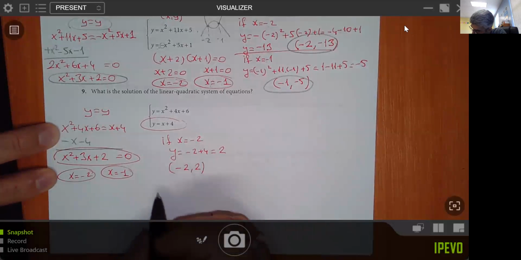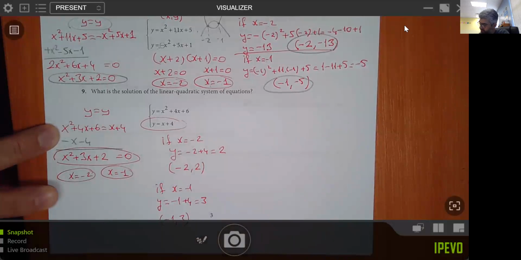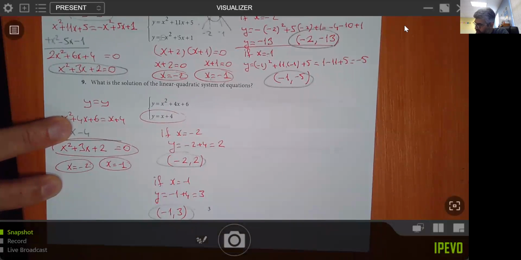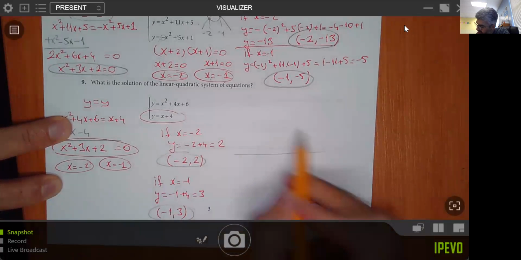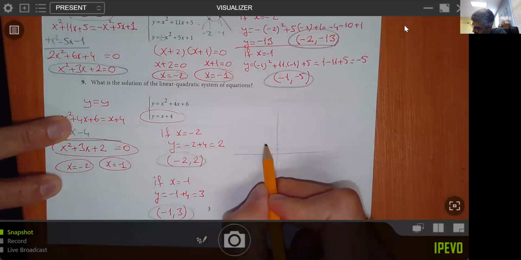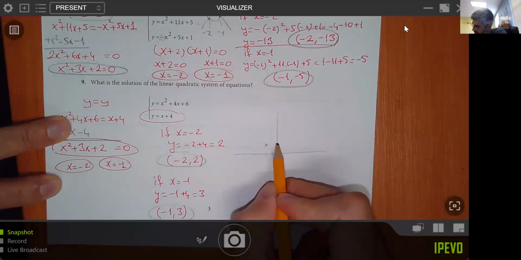Okay. And if x is negative 1, y is negative 1 plus 4, which is equal to 3. That is negative 1, 3. These are my solutions. So basically, how it works, we have negative 2, 2, and negative 1, 3.